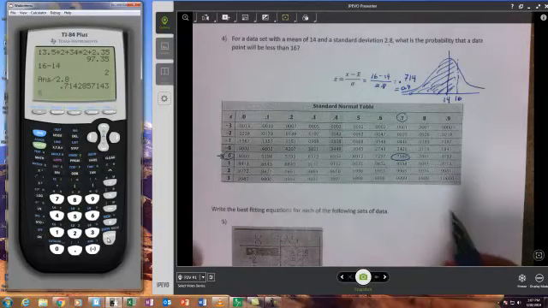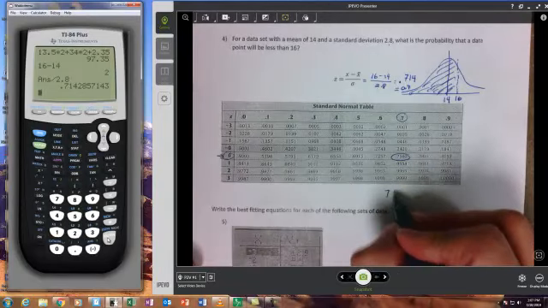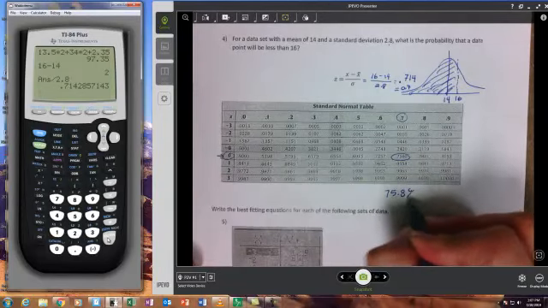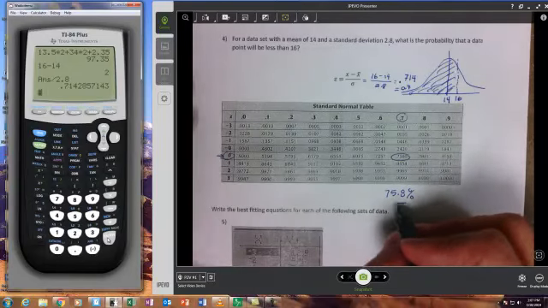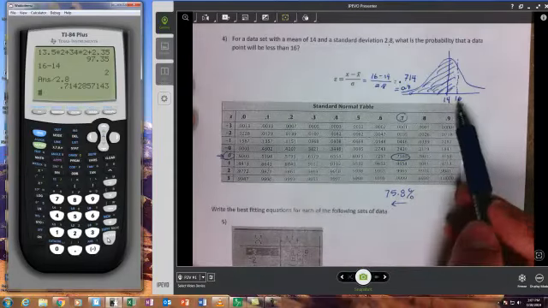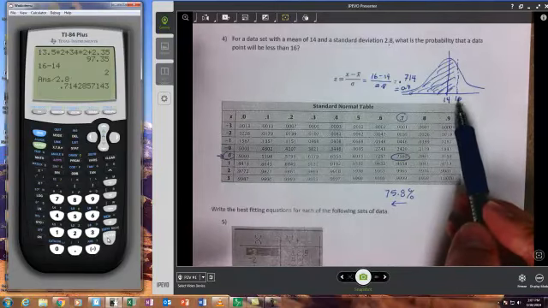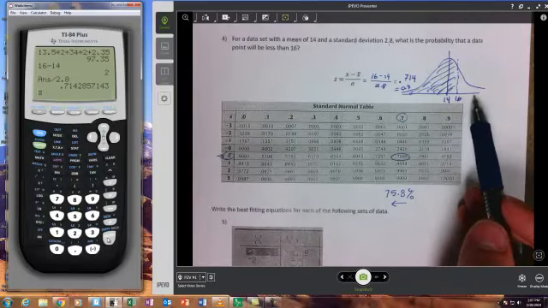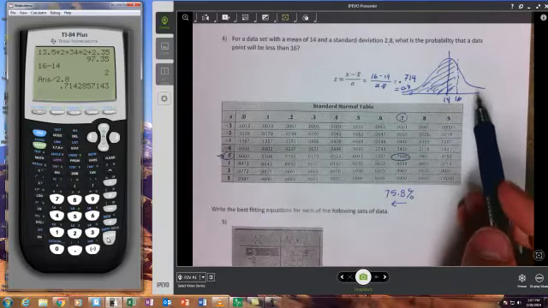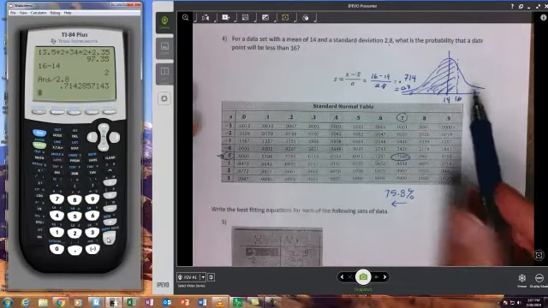That tells me that 75.8% of data will lie to the left of my 16. Now this is important. If I'm looking for the left side, that's my answer. If I'm looking for the right side, I would have to subtract that from 100% to see what does exist over there.